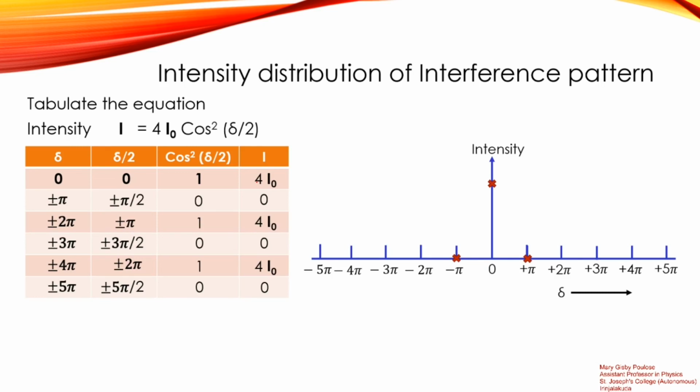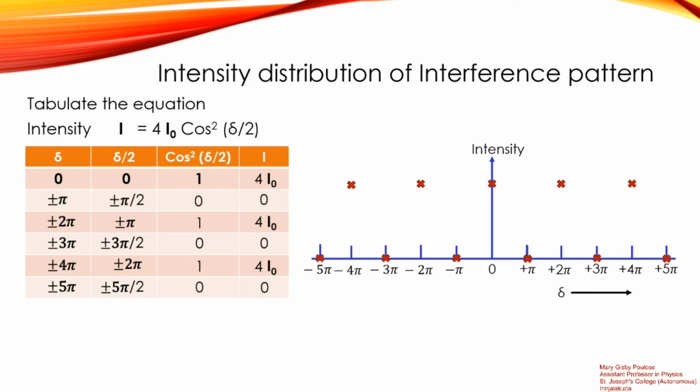Now, when delta is plus or minus 2 pi, I is 4 I naught. So let us represent it at these 2 points. Okay. Now, when delta is plus or minus 3 pi, intensity is 0. Hence, we plot it at these 2 points. Okay. Now, when phase difference delta is plus or minus 4 pi, the intensity is 4 I naught. So we get these 2 points. And at plus or minus 5 pi, the intensities are 0.